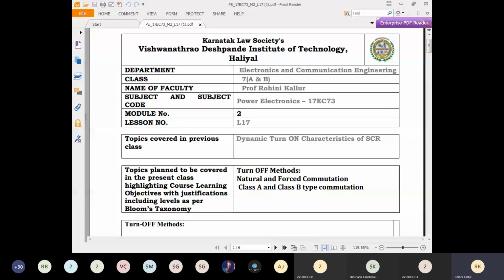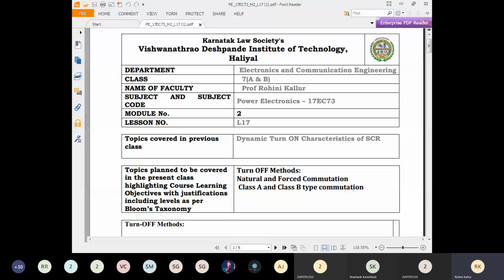Okay. So in today's class, we are going to study the next topic that is called turn-off methods. And we know that when a device is triggered, that is when an SCR is triggered, the gate loses its control over the SCR.